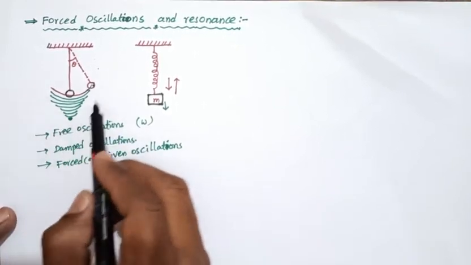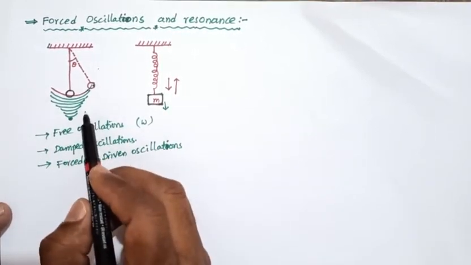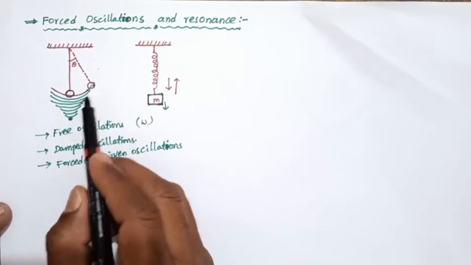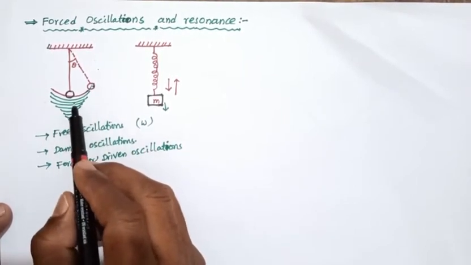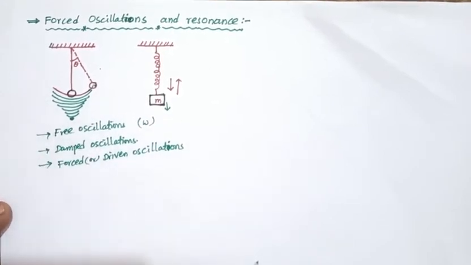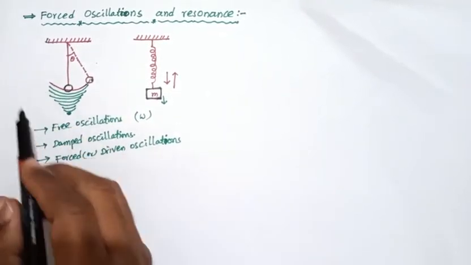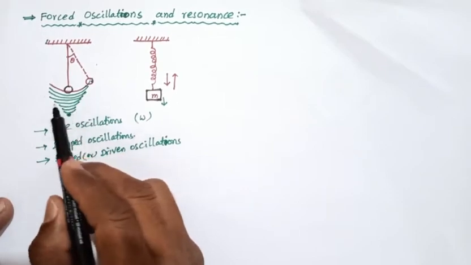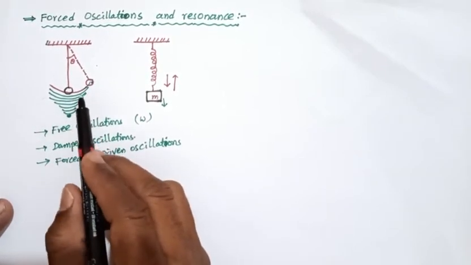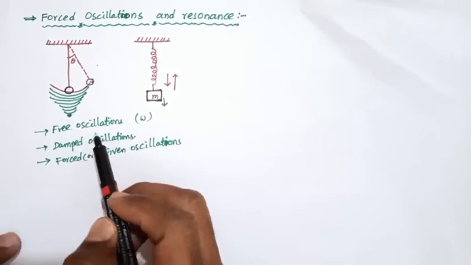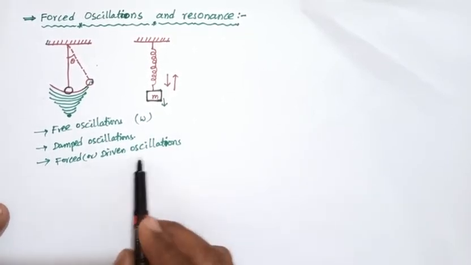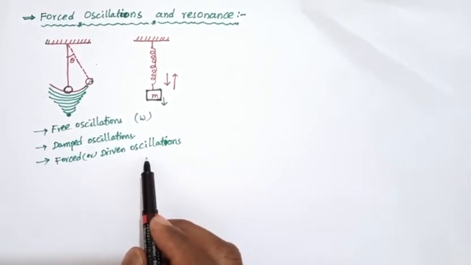Due to the damping force, the simple harmonic motion decreases and the displacement decreases. When an external force is applied, the external agency continues these oscillations. It is called forced or driven oscillation.